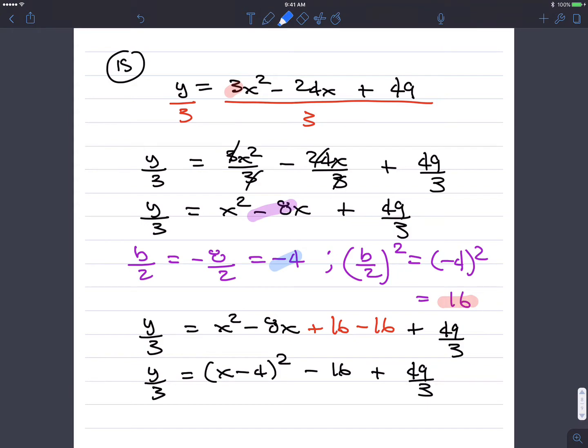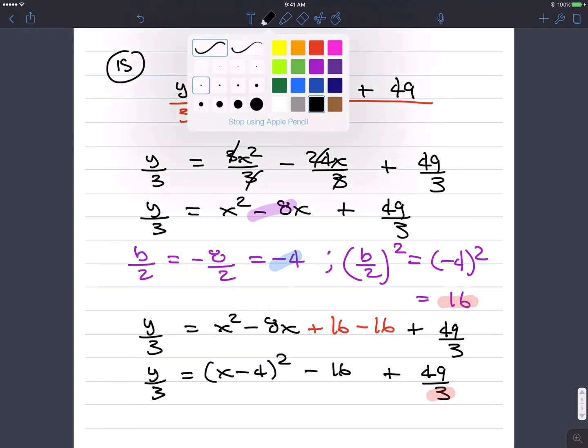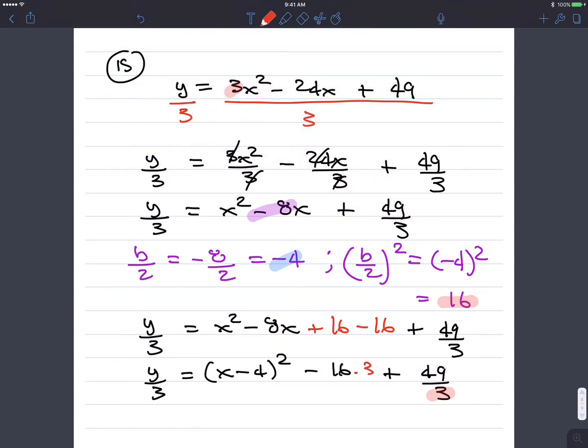Now let's kind of talk about this arithmetic. This is intermediate algebra. So let's remember some tricks here. Since this denominator over here is 3, what we'll do is multiply this number by 3 and divide by 3. That's really the number 1. The reason we do this is so we have the same denominator so we can add our fractions.